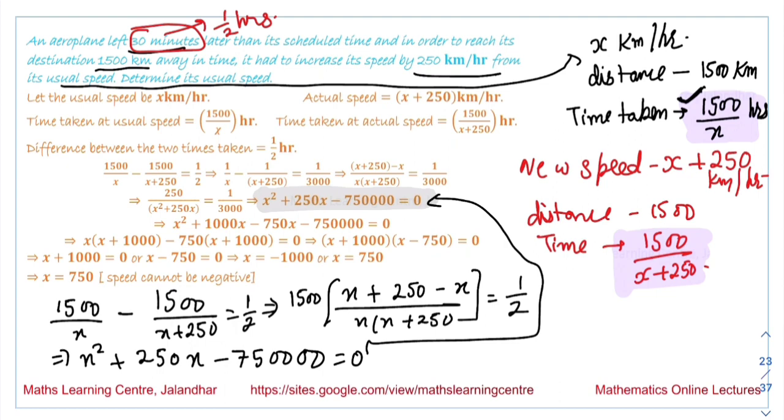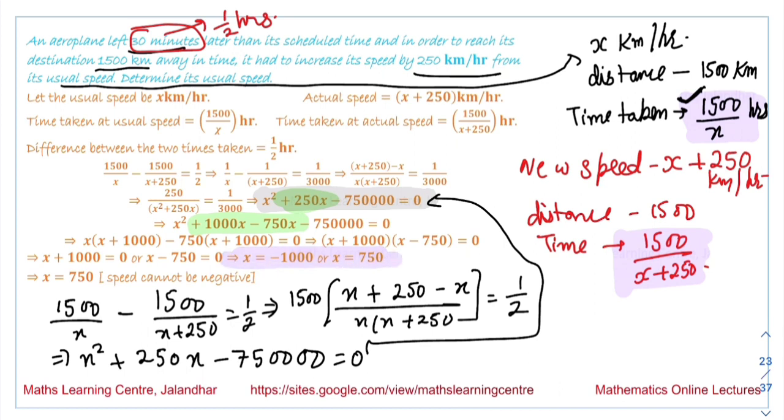Now by splitting the middle term, this 250x, we have these two values over here. You can also use the method of discriminant. It is up to you how you want to solve these questions. On solving this quadratic equation, we get two values of x.